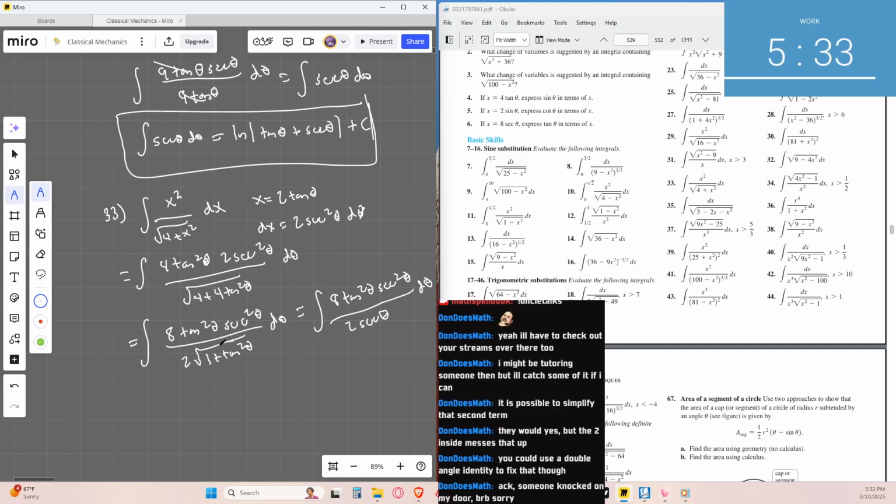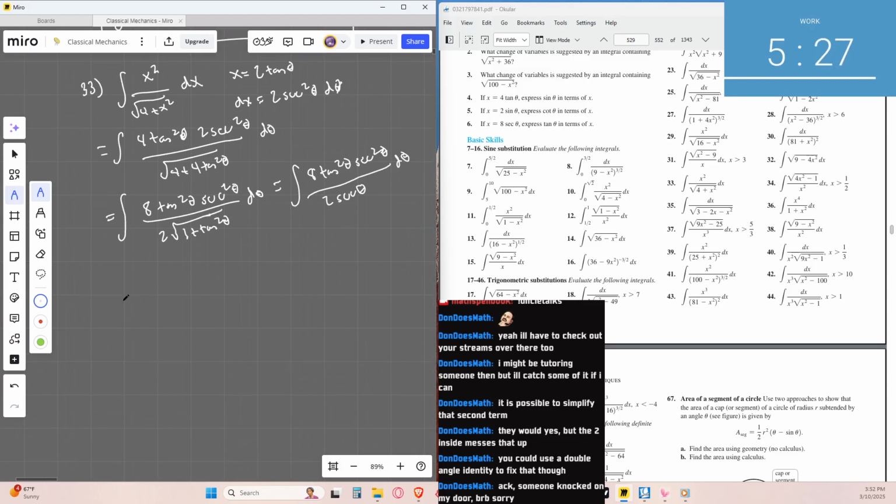Because then that'll be secant squared, and then basically the square root will make it secant. We'll drag this up, make it higher, and then I think we'll just turn this 4 and then we'll move it out. Right, like that, and then we're left with tangent secant, because the secants will cancel each other out.